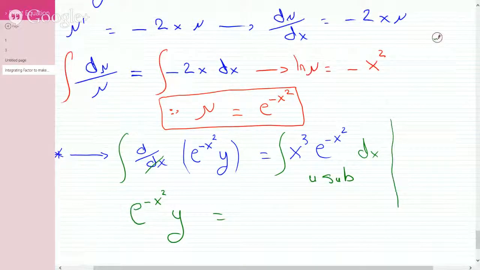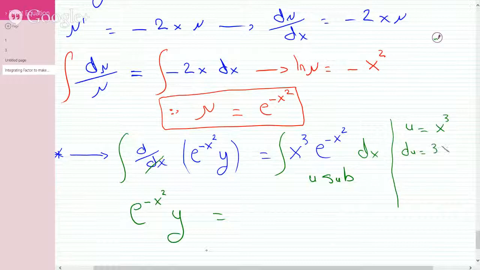So let's call u to be x cubed, which makes du to be 3x squared dx.